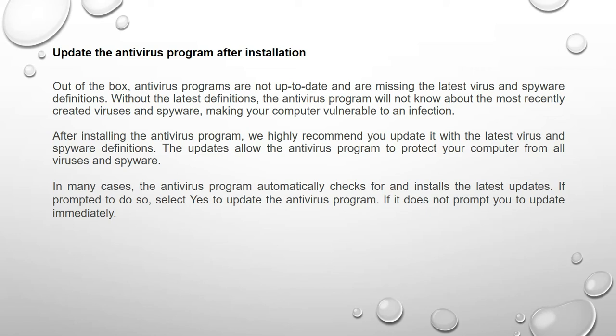So after installing the antivirus program, we highly recommend you update it with the latest virus and spyware definitions. The updates allow the antivirus program to protect your computer from viruses and spyware.